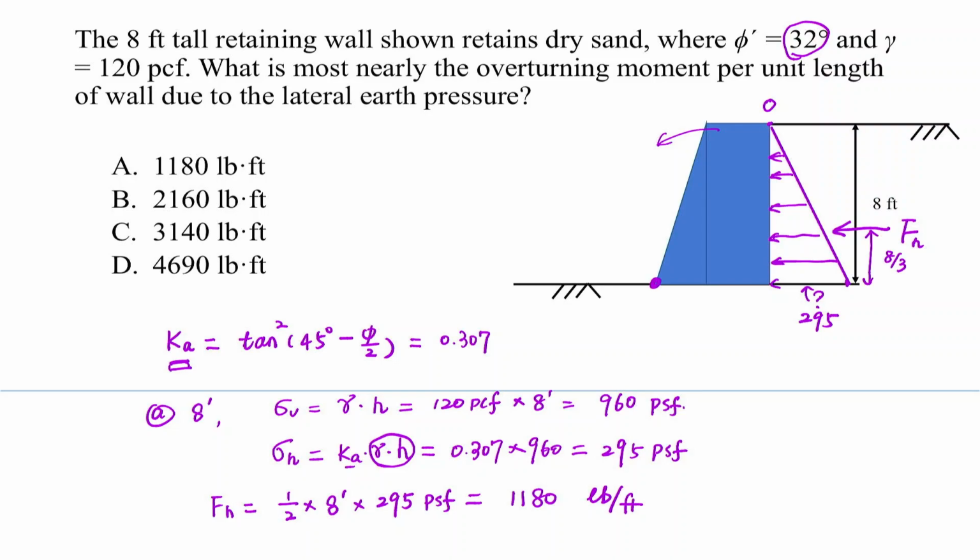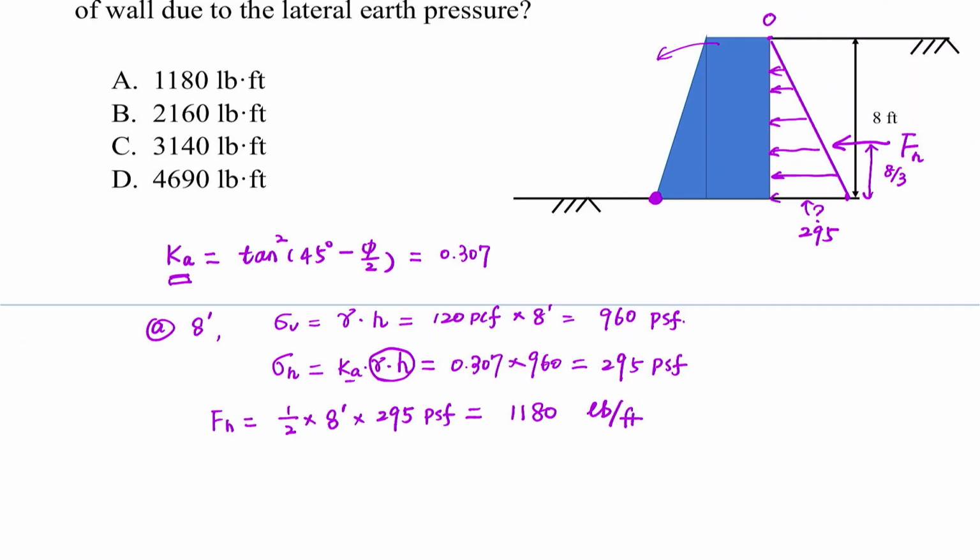So we're overturning this wall against this toe location of the retaining wall. Based on that, the moment would be FH times a third of the total wall height, and you'll find the answer for this one would be 3146.3 pound-feet per unit length of the wall.